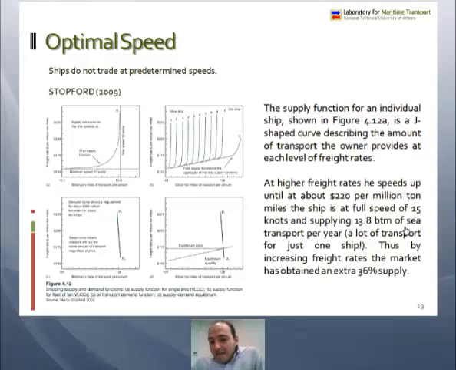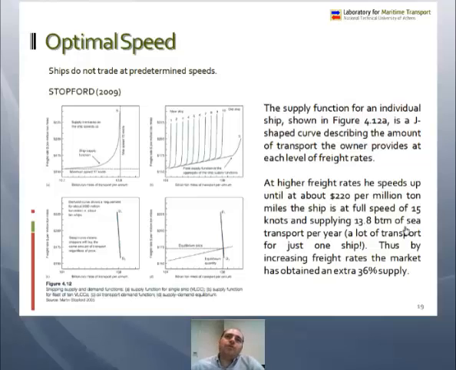At higher freight rates, the owner speeds up because it makes more money to speed up. But by speeding up, it supplies more transport per year. For example, in this case, by increasing freight rate, the market is obtaining an extra 36% supply.